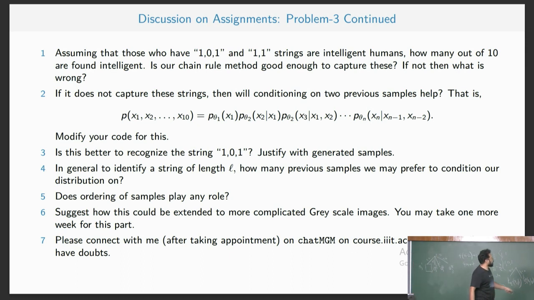In fact, you could have written this in a slightly general way also. You can write this in a general way where the number of conditions that you put on the variable is an input to the program. So the user will say that I want to go with the chain rule where the dependencies could be going up to 6, 7, k. Okay, so if you can do that, do that.